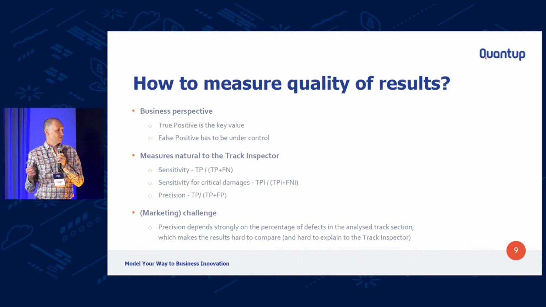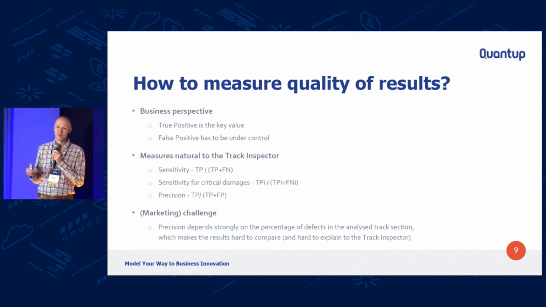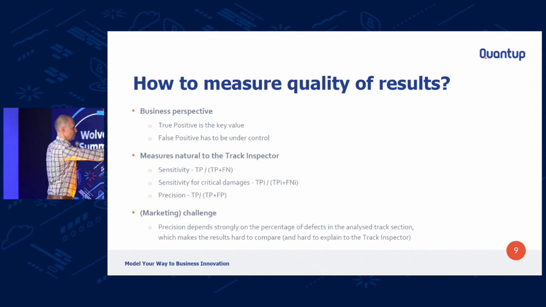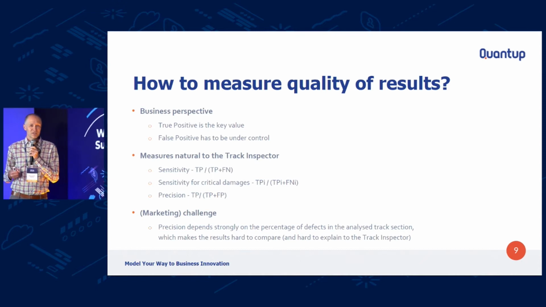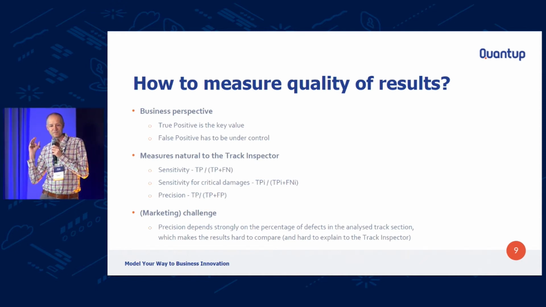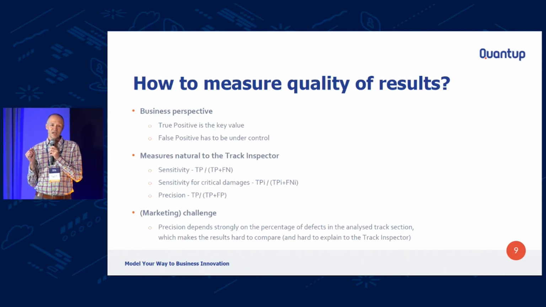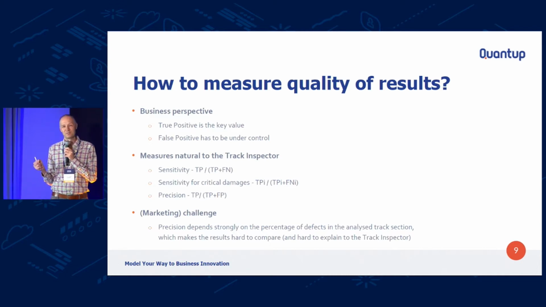Why? The data scientists want to measure sensitivity and specificity. You might be familiar with these measures, but it's not that important. More important are these two. So how does it work? If we have just a video recording from the track, the algorithm should give a list.